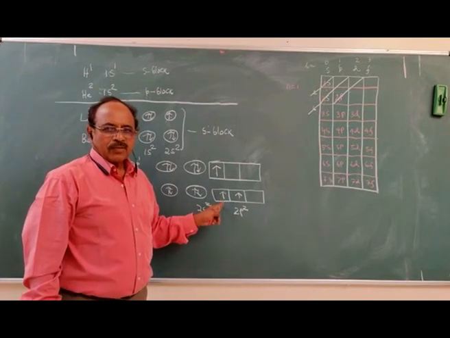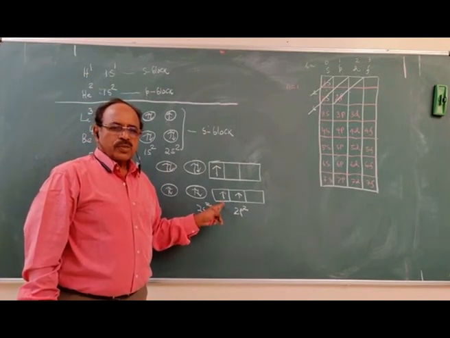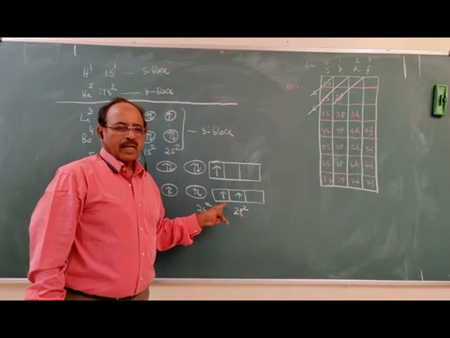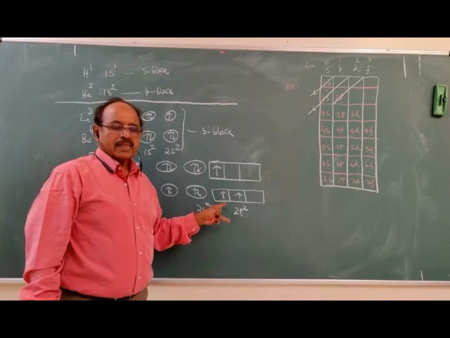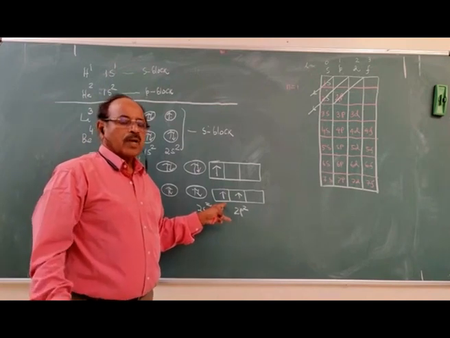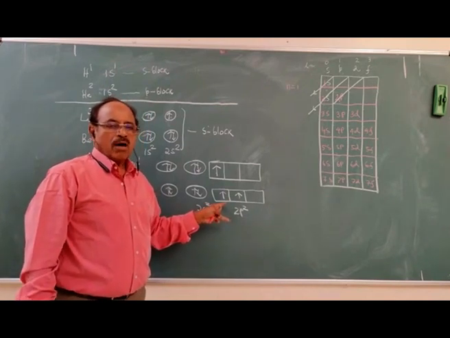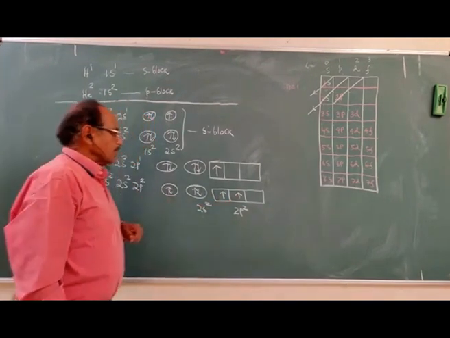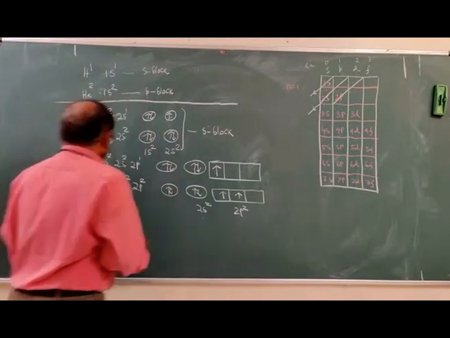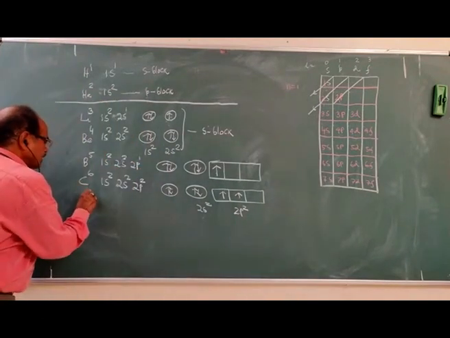You see how valuable electron configuration is for a student of chemistry to understand everything he wants to know about the chemistry of a particular element. And since electrons are 2p2 now, then comes nitrogen, 7.